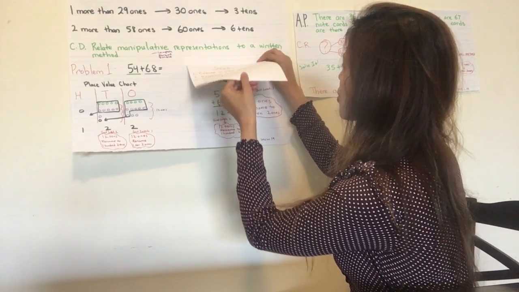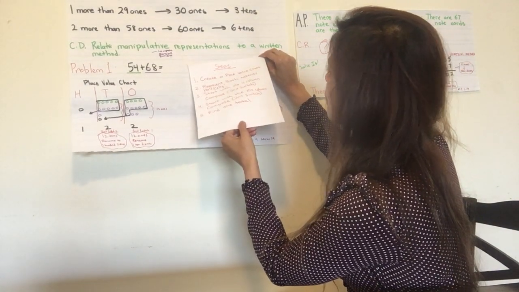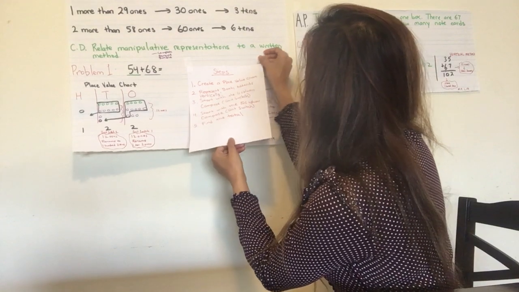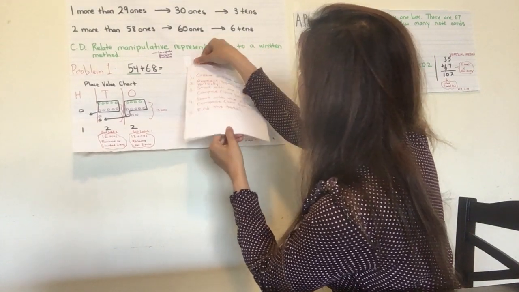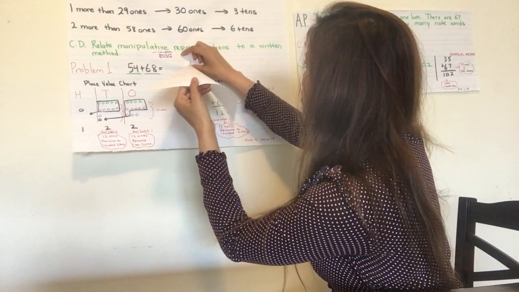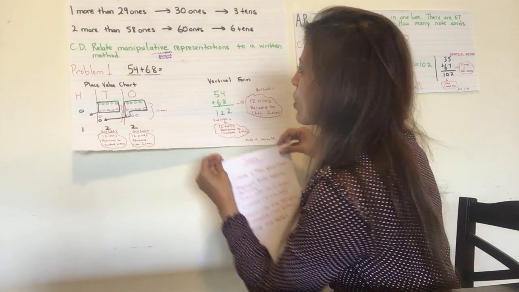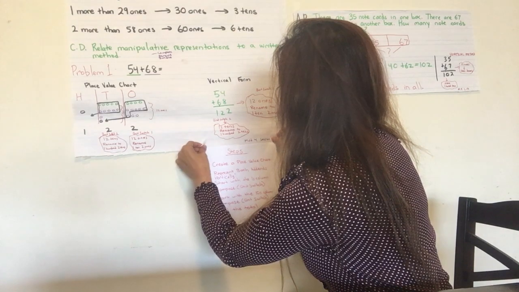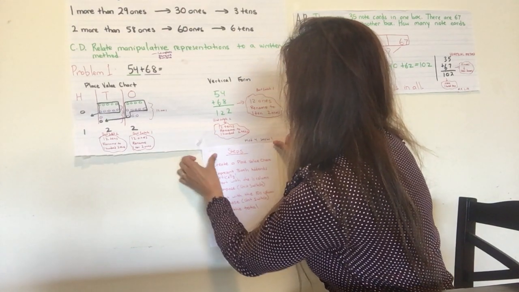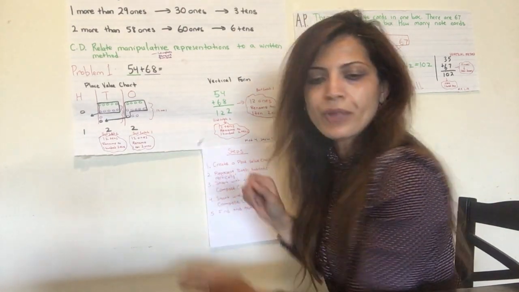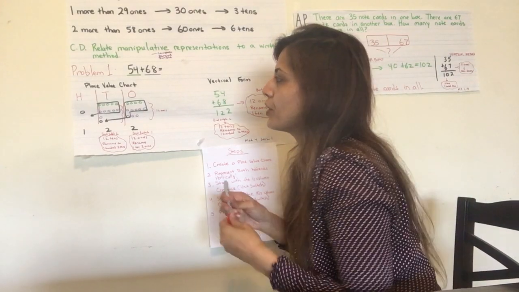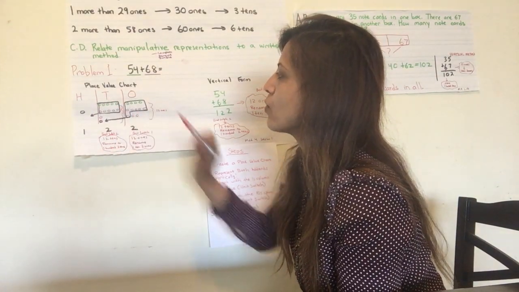Okay, so let's start out solving 54 plus 68 using this method. First, we will use the place value way, and then we're going to use the vertical form. So the first step is create the place value chart. Here you go. Hundreds, tens, and ones.